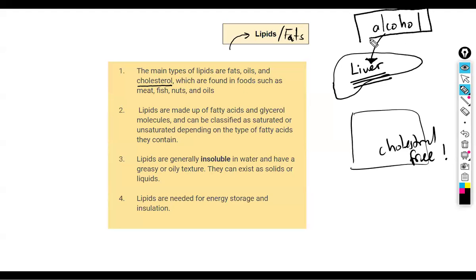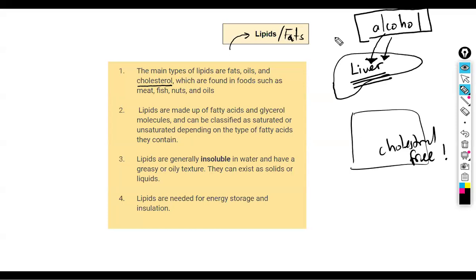If you drink alcohol, alcohol will stimulate your liver or tell your liver to make cholesterol. Think about that. Alcohol doesn't have any cholesterol in it. But when you drink alcohol, it will tell your liver, hey, you want to make some cholesterol? And of course, the liver has to obey and make cholesterol, right?